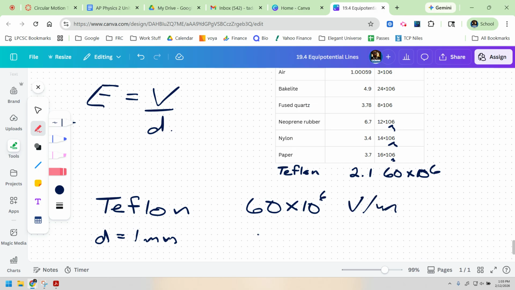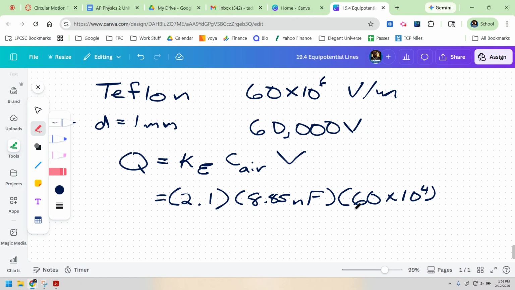And then in the textbook it says that for this design, the maximum voltage you can apply is 60,000 volts, which is important because when we get down here, this is actually 6.0 times 10 to the 4th volts, which I think is your 60,000 volts.